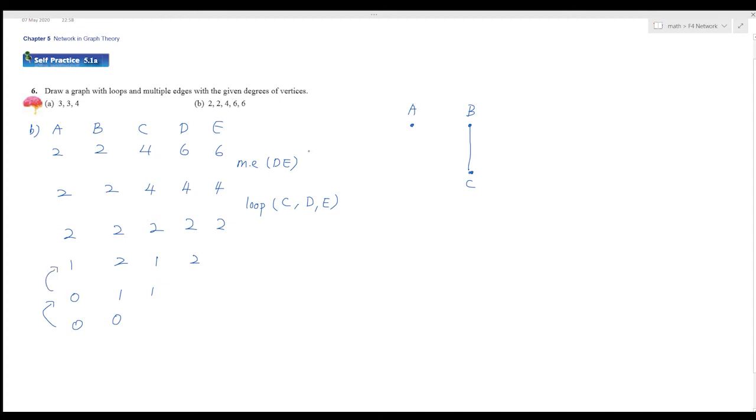Now we add in the vertex D. Vertex D will be connected to vertex B and vertex A. Now we add in the vertex E. Vertex E is connected to vertex C and A.